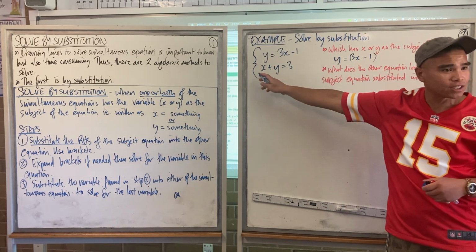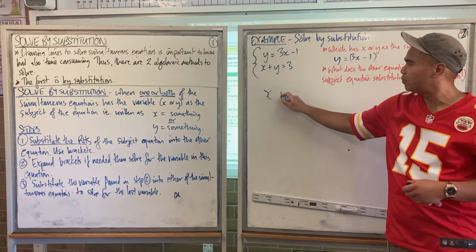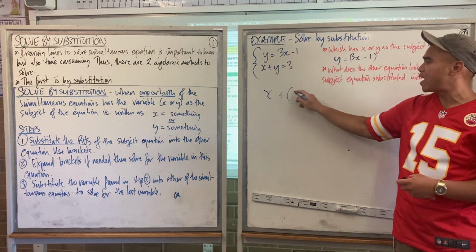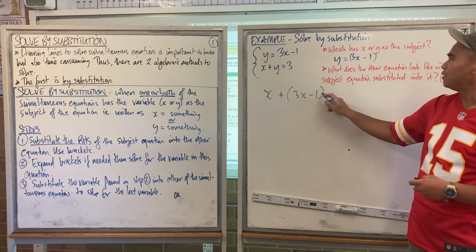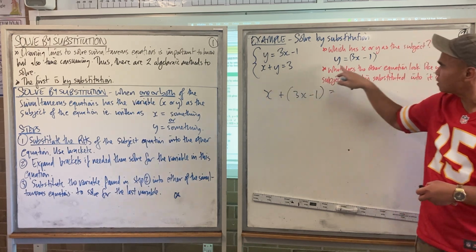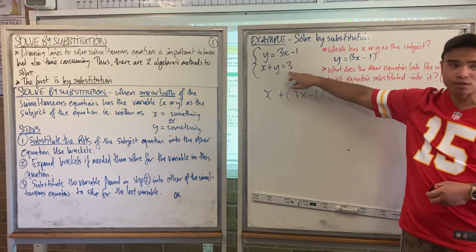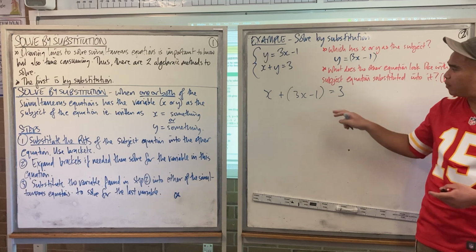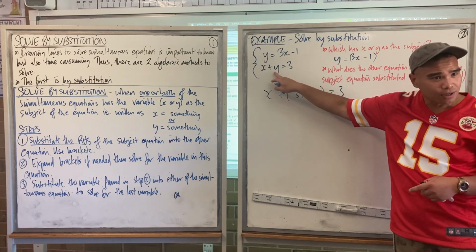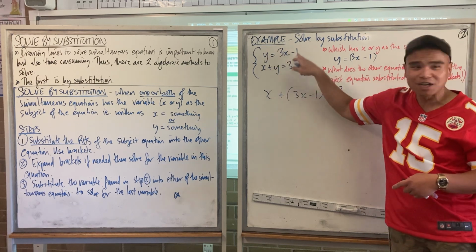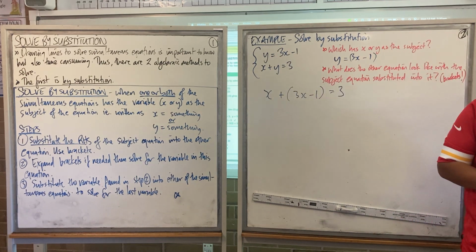It's not telling you what x equals, so I'm going to rewrite x plus. If I jam this into here, it's going to be bracket 3x take 1 equals, what's the rest of this equation? This tells me x plus y equals 3. So I just rewrote it, but what did I replace? What did I substitute the y with? I substituted the y with what this equation is telling me y is.